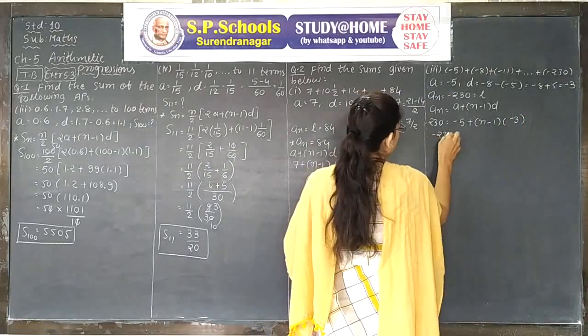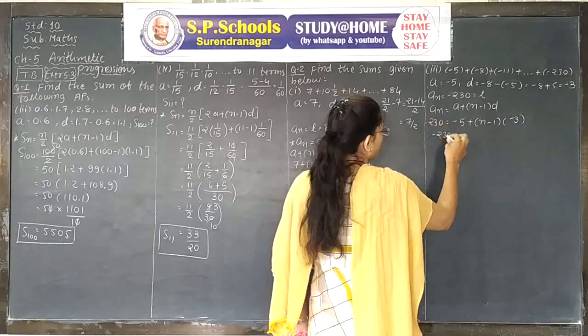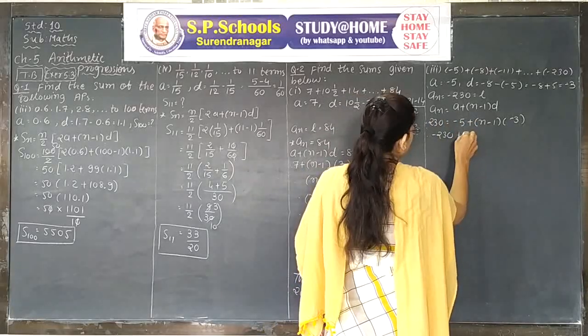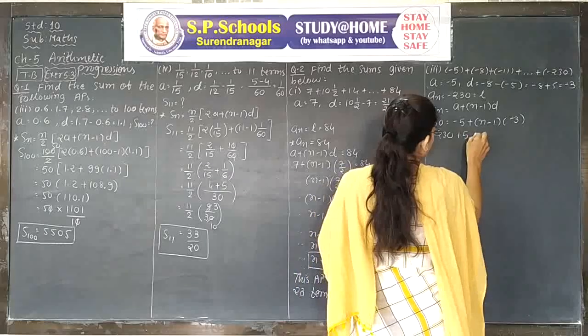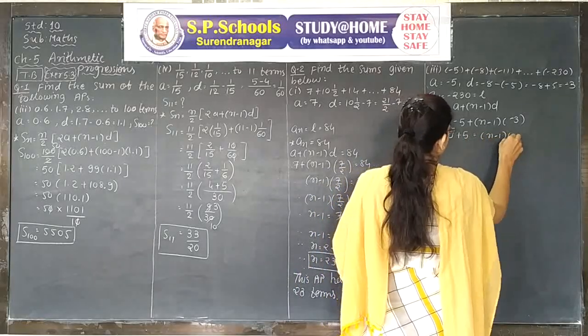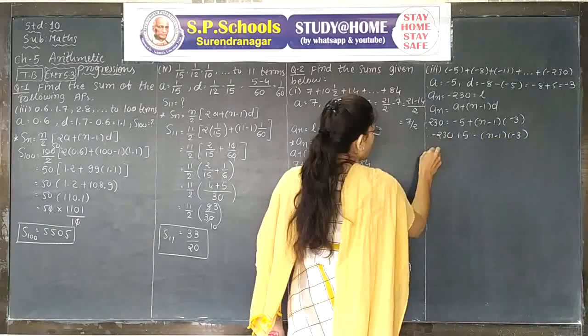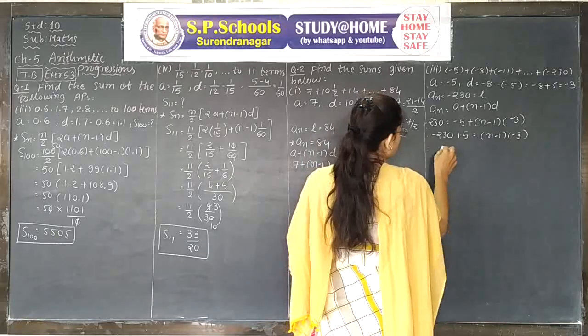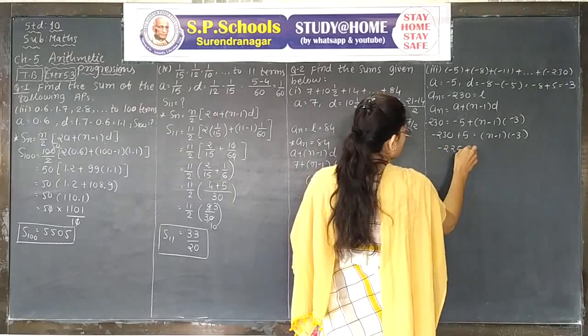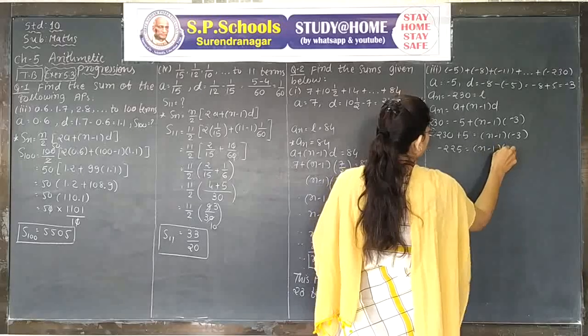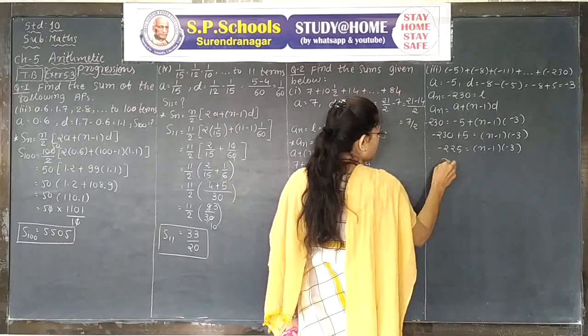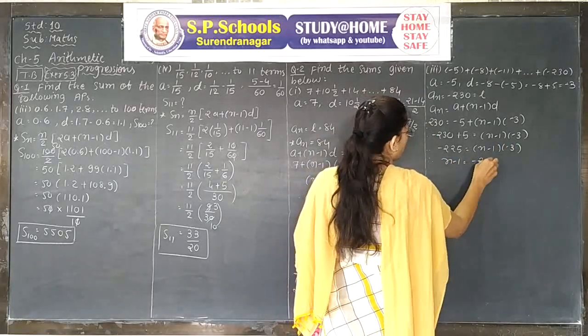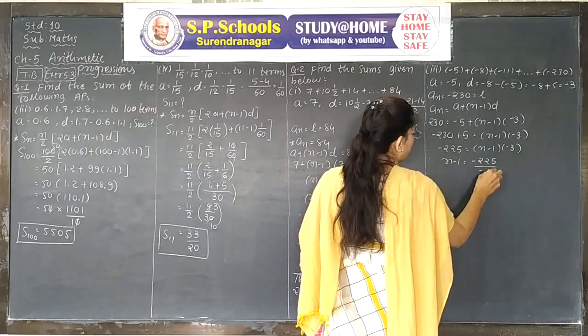Minus 230 as it is; shifting minus 5 from the right-hand side to the left-hand side, it is plus 5, is equal to (n minus 1) into minus 3. Minus 230 plus 5, which is minus 225, is equal to (n minus 1) into minus 3. By making n minus 1 the subject, we get minus 225 upon minus 3.